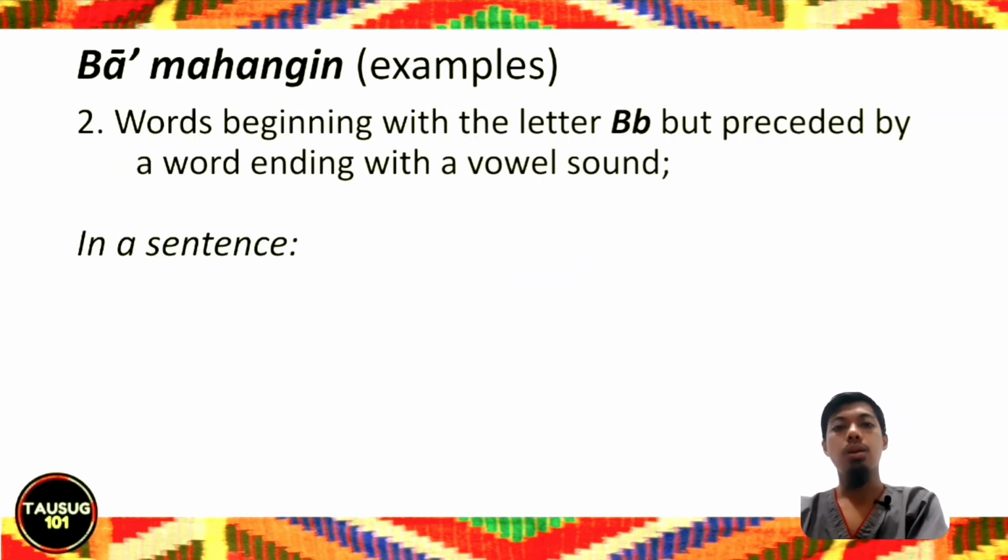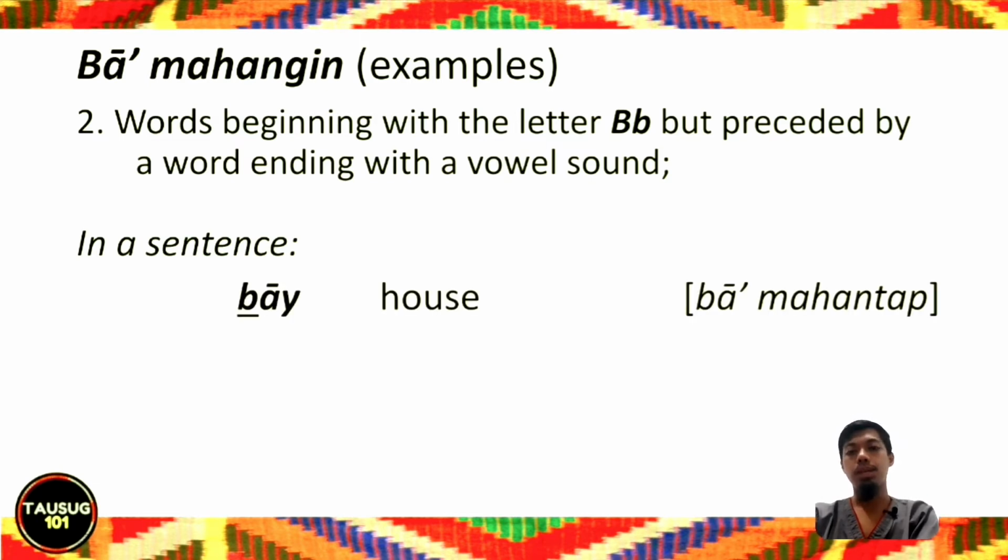In a sentence, when words beginning with letter ba are preceded by another word ending with a vowel sound, we actually use the Bā Mahangin. An example here, bay. Remember, bay means house. It uses the Bā Mahantap sound because it begins with the letter ba.